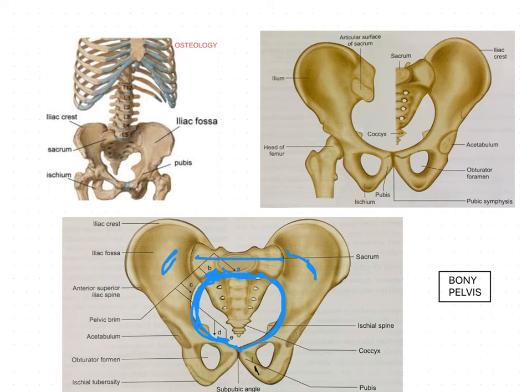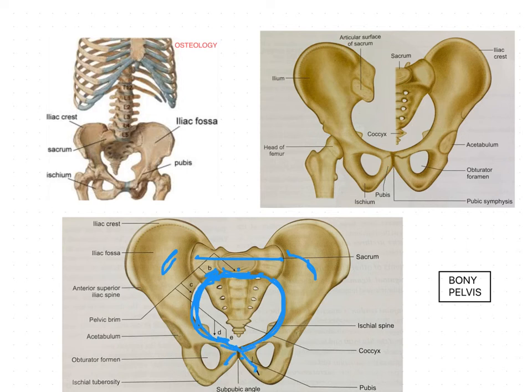Now coming to the cavity of the lesser pelvis. This lesser pelvis is bounded anteriorly, that means in front, by the body and the rami of the pubis. So simply we can call it the rami and the body of the pubis.